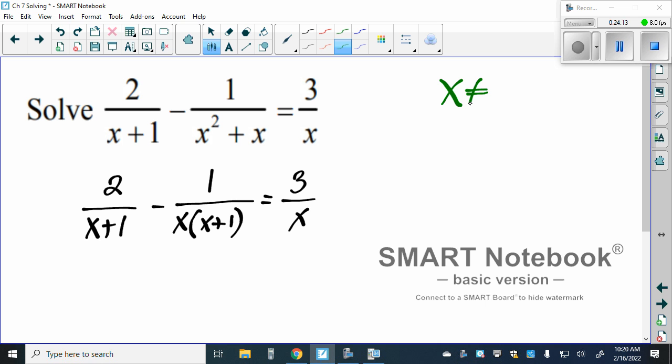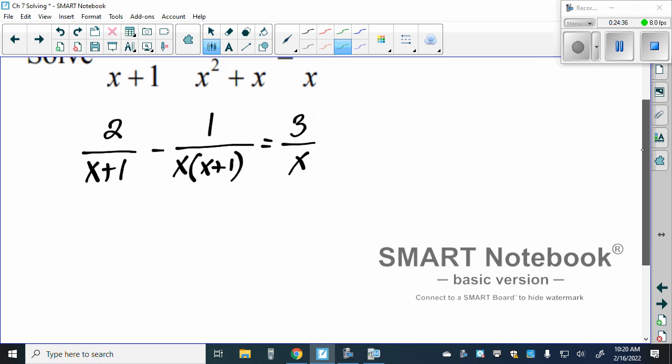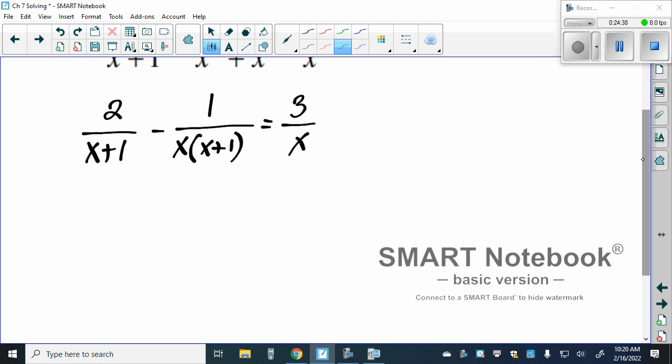It makes the equations harder to work, and it gives us solutions that don't work. So it's going to make it harder on us. So here, well, the x's that are by themselves tell me x cannot be 0. And for each x plus 1, it would be -1. Okay.